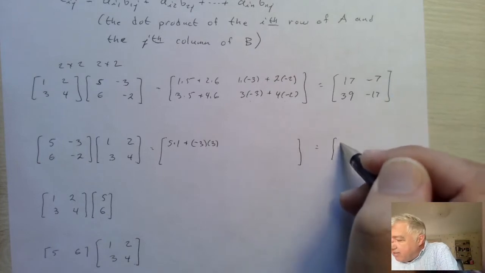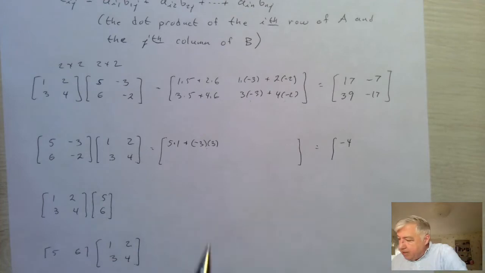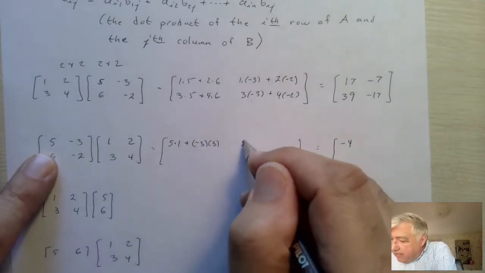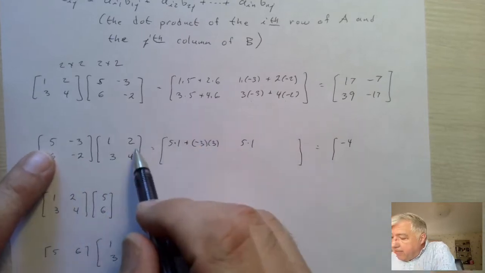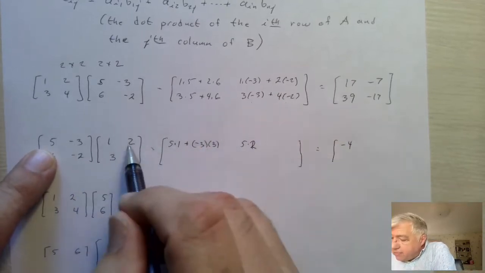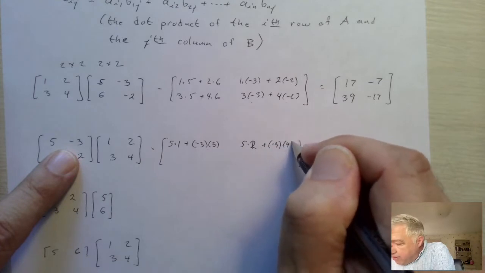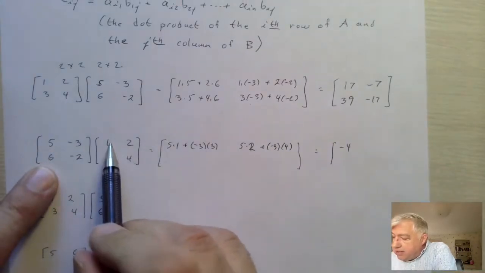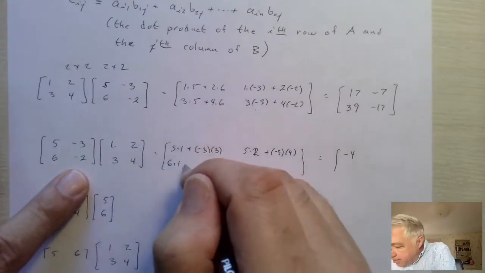That's going to be negative 4. So already we know that this is going to be different. Then we get 5 times 2 plus negative 3 times 4. Then 6 times 1 plus negative 2 times 3.